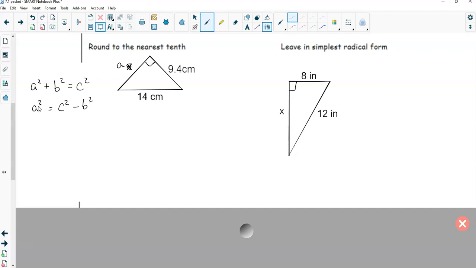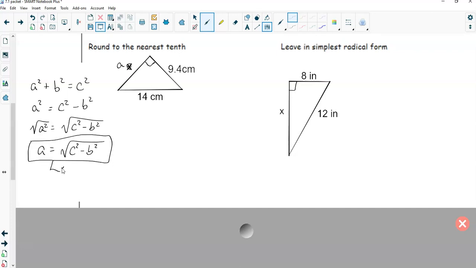To get rid of the square, I take the square root of both sides: the square root of a squared is equal to the square root of c squared minus b squared. So if I am looking for a leg, like a, then it is equal to the square root of c squared minus b squared. Learn this, because this is a shortcut of the Pythagorean theorem.